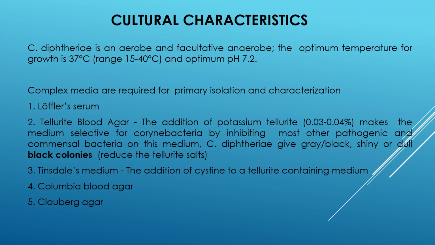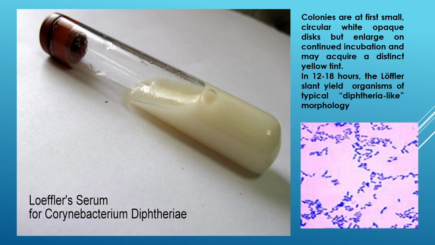To reduce the tellurite salt, we use Tinsdale's medium, the addition of cystine to a tellurite-containing medium. We use Columbia blood agar and Clauberg agar for cultivation of Corynebacterium diphtheriae.